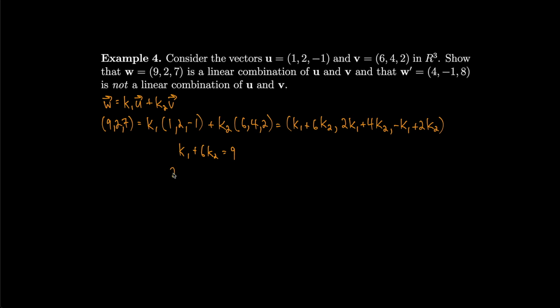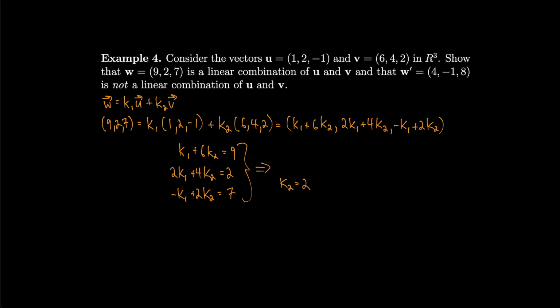We'll also get 2K1 plus 4K2 equals 2 by equating the second component. And we'll get minus K1 plus 2K2 equals 7. And what we can do is, how about we take this equation, add it to this one, and we'll get that 8K2 is equal to 16.